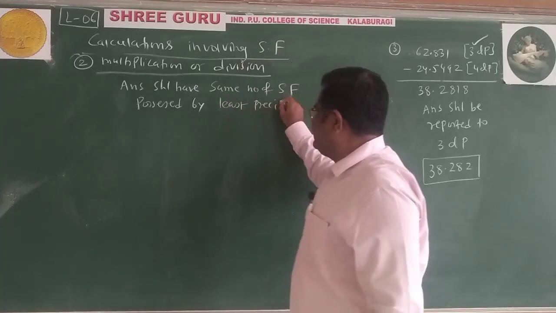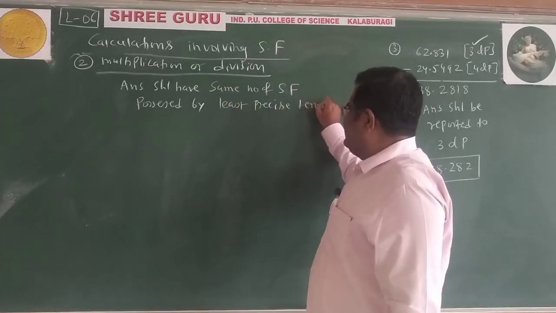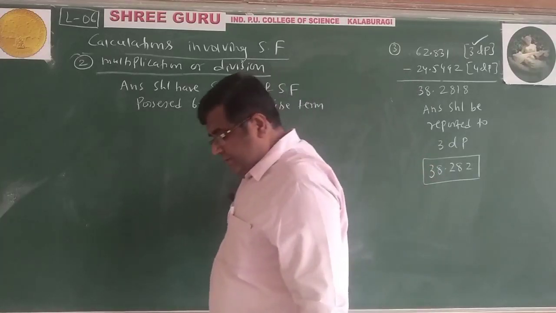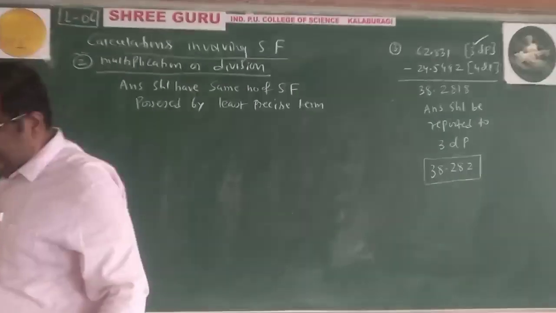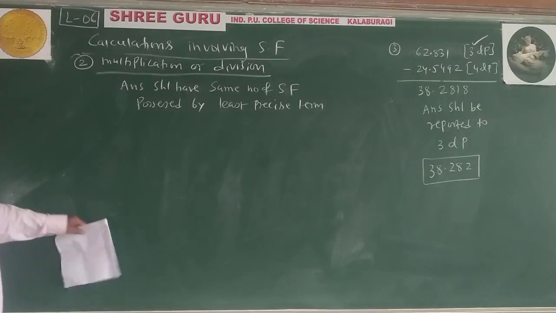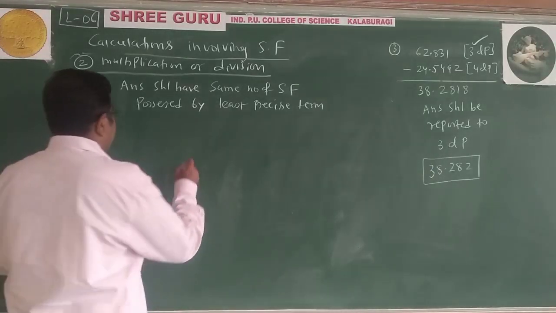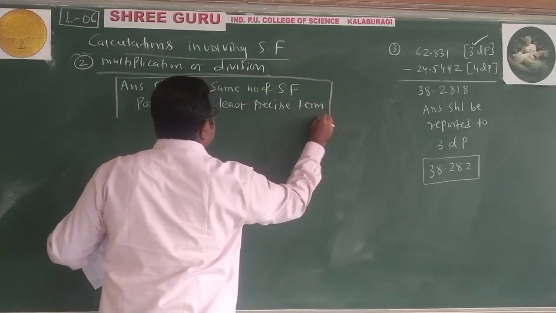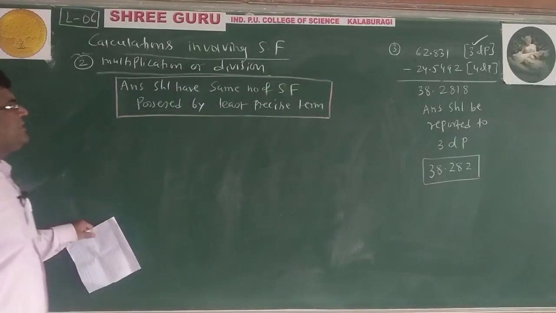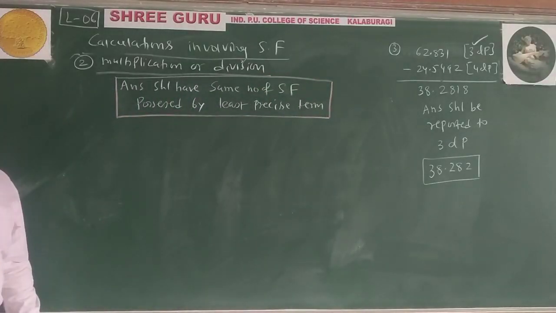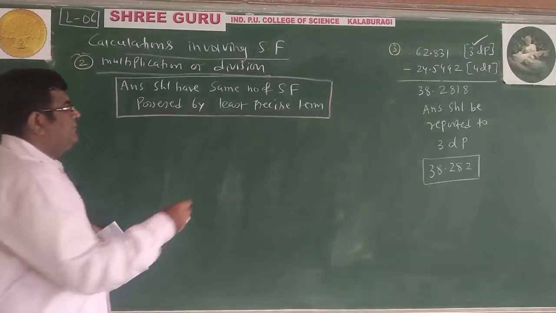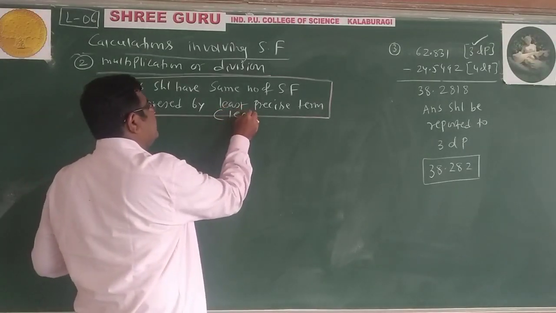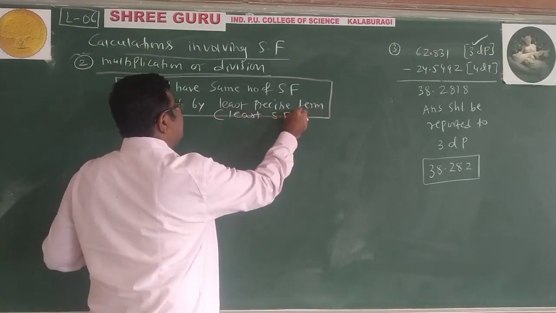Least precise means that term which has the least number of significant figures. So see the statement first, and we will understand its meaning. The answer should have the same number of significant figures as possessed by the least precise term. Least precise term means the term with the least significant figures.